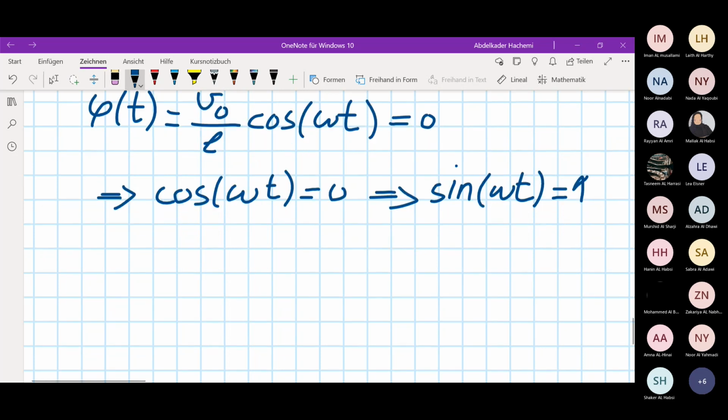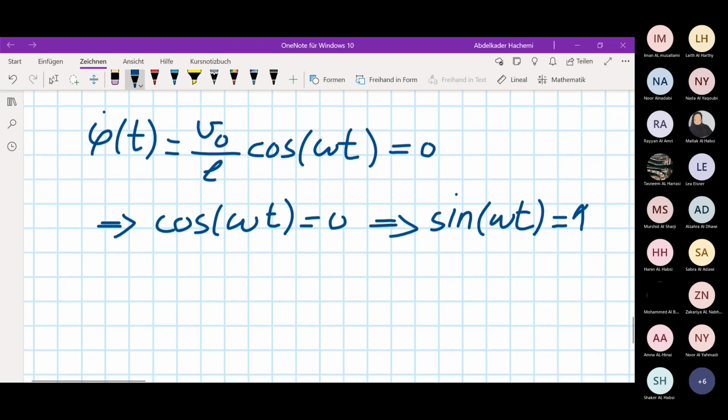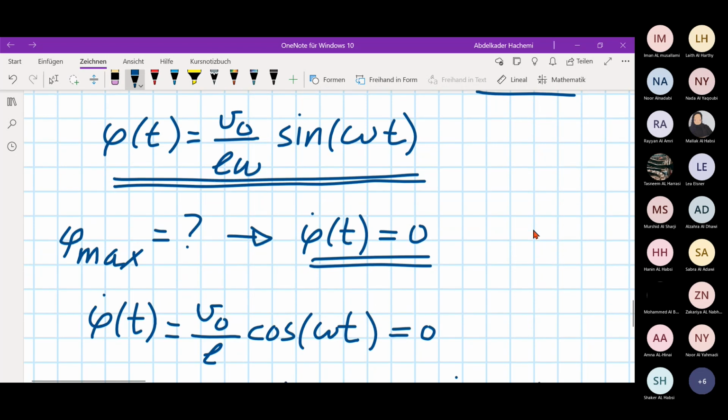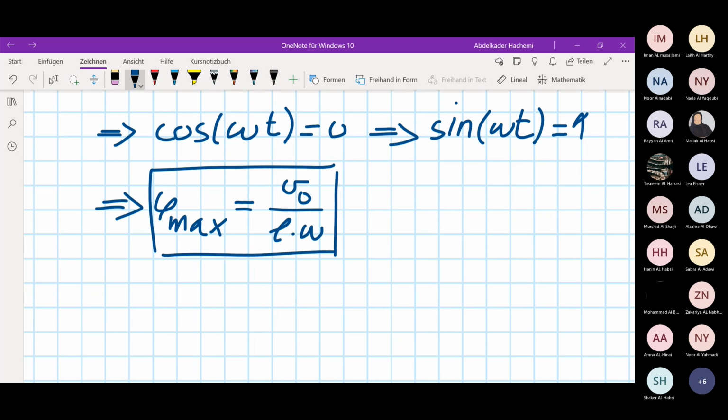Then phi max, if we replace sine omega t equal to 1 in the expression of phi, is only V0 divided by L multiplied by omega. This is the expression of phi max.